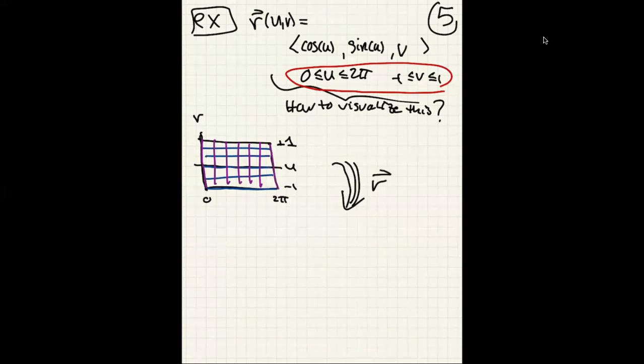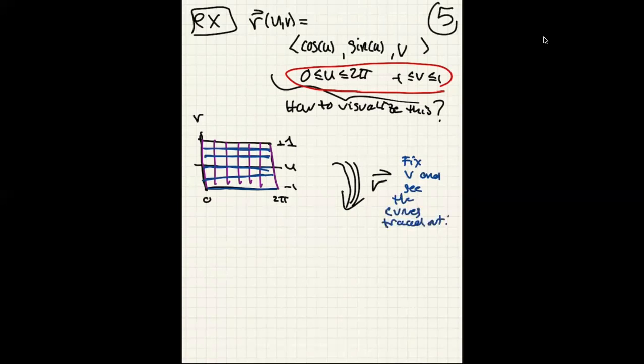To figure out how, it's helpful to hold, for example, V constant and see what these horizontal lines trace out.